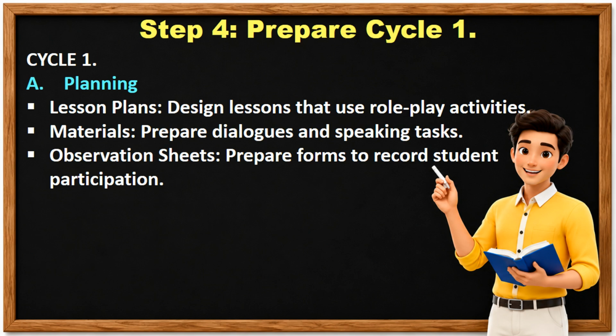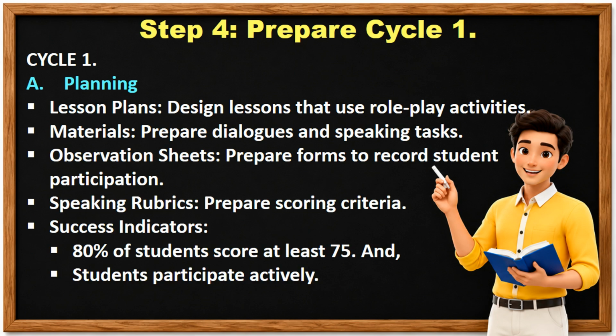Observation sheets, prepare forms to record student participation. Speaking rubrics, prepare scoring criteria. Success indicators. Example: 1. 80% of students score at least 75. And 2. Students participate actively.